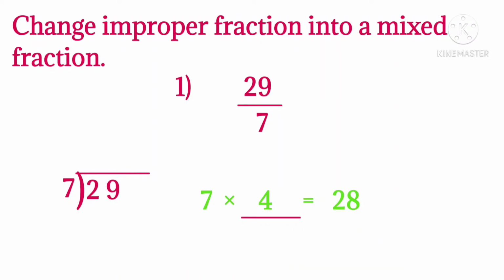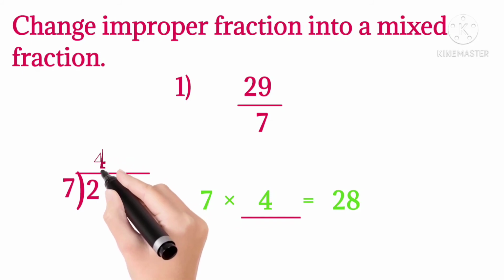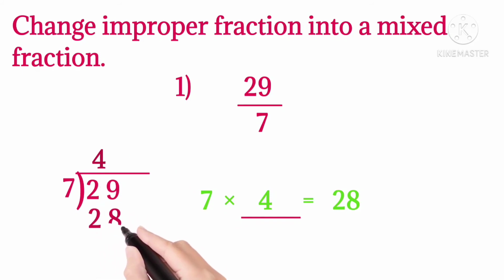We write 4 in the place of quotient. After, write 28 below the 29 and subtract. Then we get 1, that is the remainder. Here quotient is 4, remainder is 1.